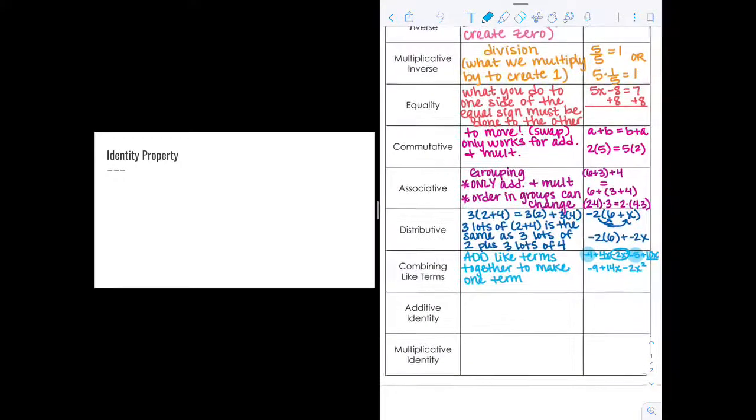Okay, now we have the additive identity property. So identity means who you are, right? So what numbers originally are. So these are the operations that we can do to a number to leave it with the same identity. Okay, so for the additive identity, this is 0.